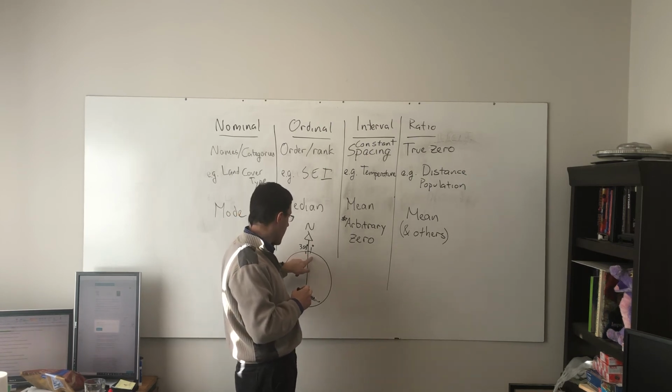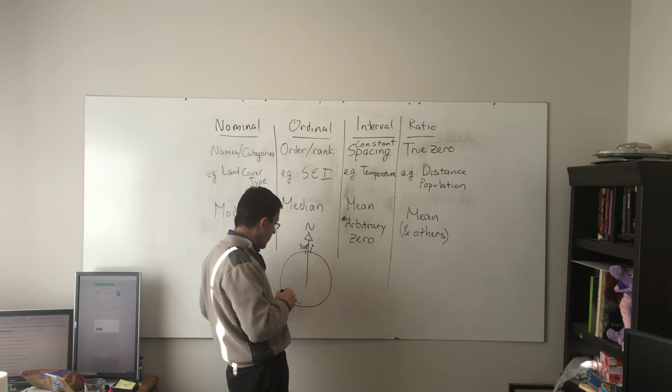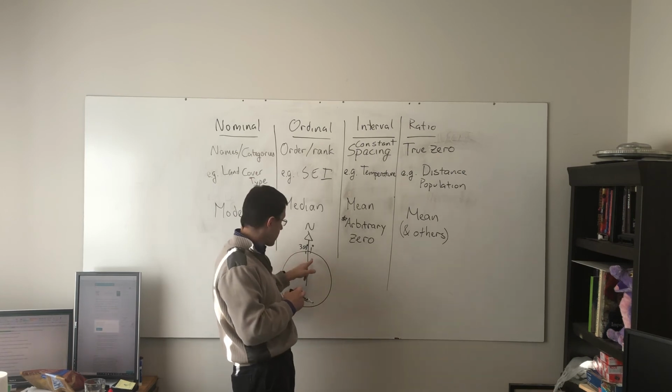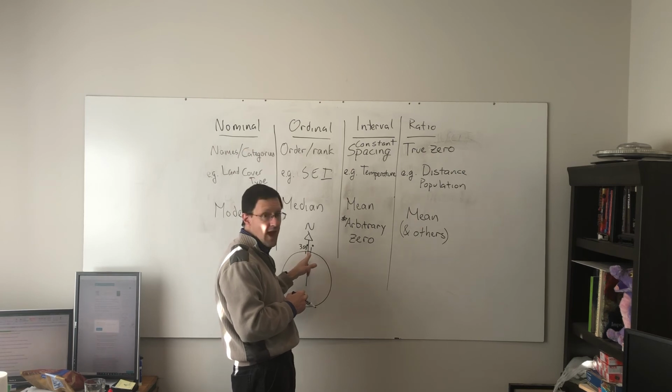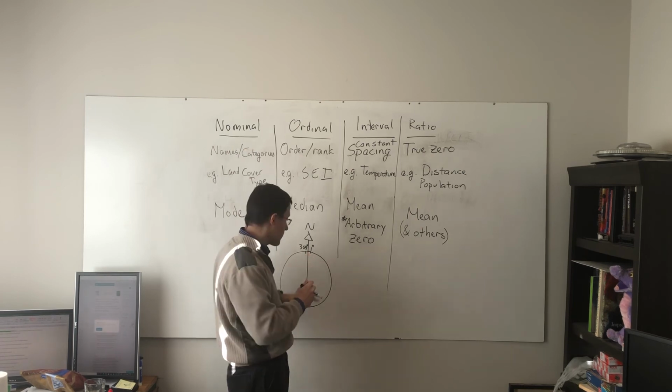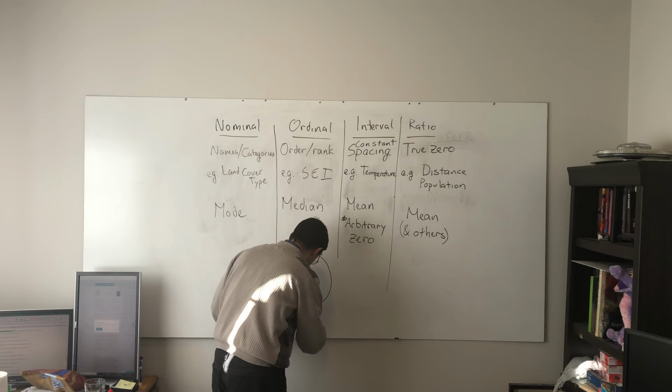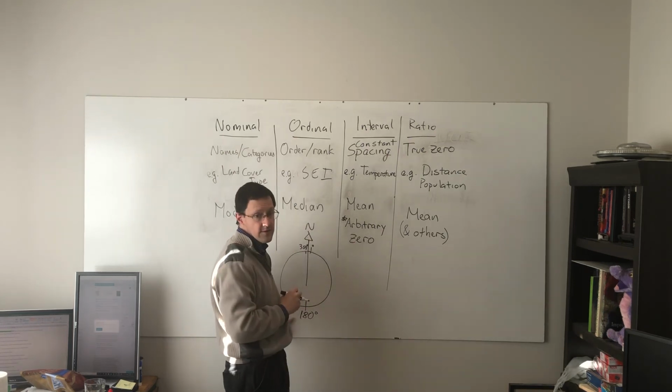Any sensible average of these 2 points along this circle should be pointing due north. However, the average, or the mean, of 359 and 1 is 180 degrees due south.